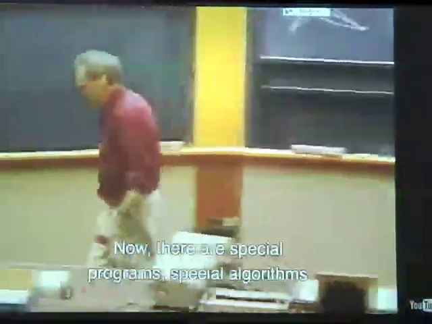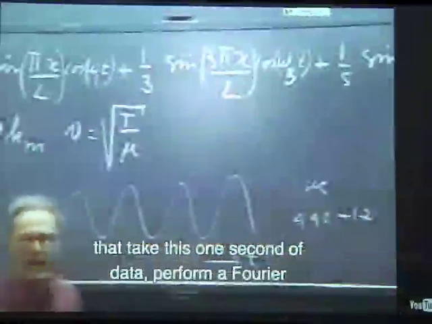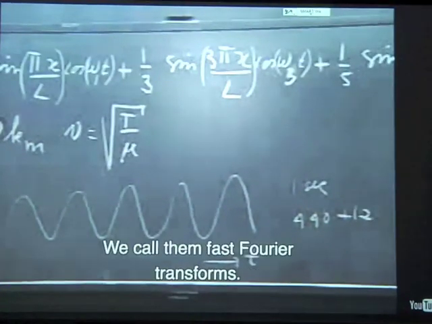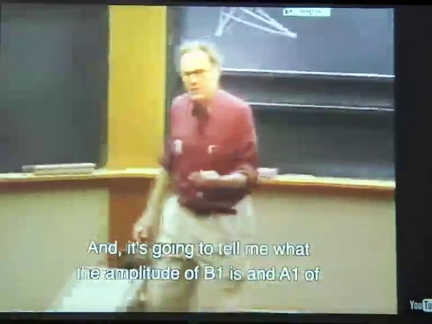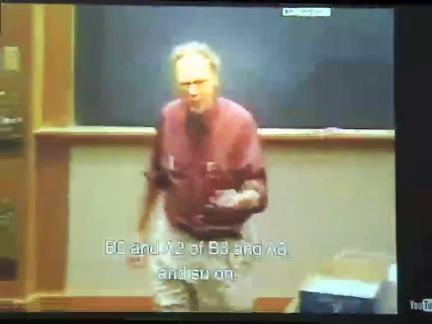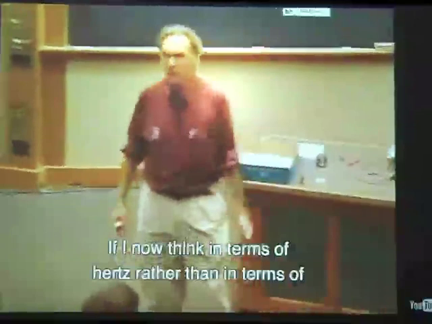Now, there are special programs, special algorithms, that take this 1 second of data and perform a Fourier analysis. We call them fast Fourier transforms, and it's going to tell me what the amplitude of B1 is, and A1, B2 and A2, B3 and A3, and so on.